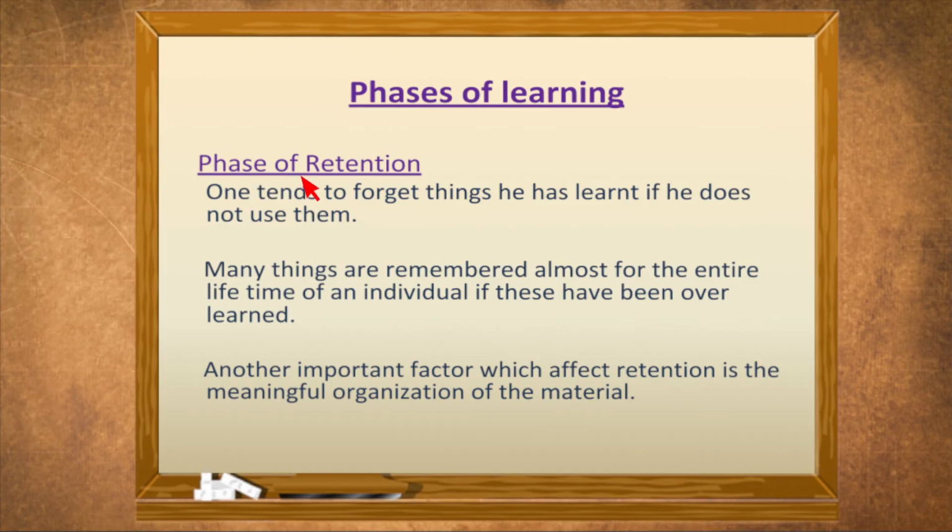Next, phase of retention. One tends to forget things he has learned if he doesn't use them. Many things are remembered almost for the entire lifetime of an individual if these have been overlearned. Another important factor which affects retention is the meaningful organization of the material.